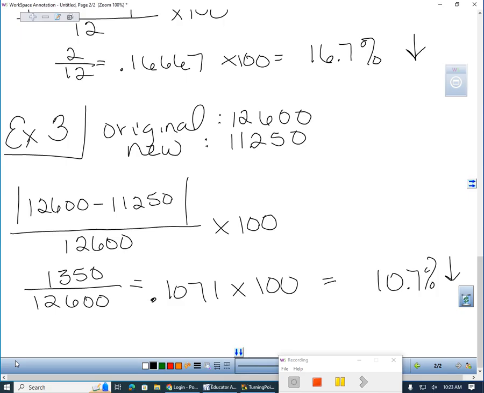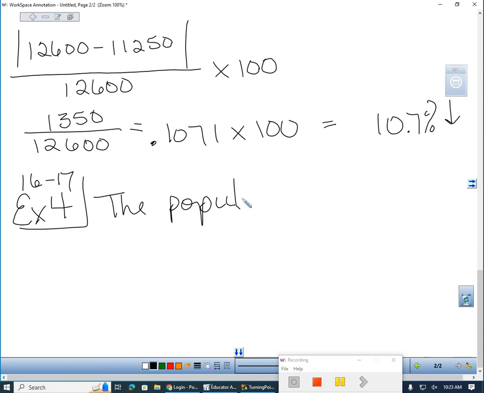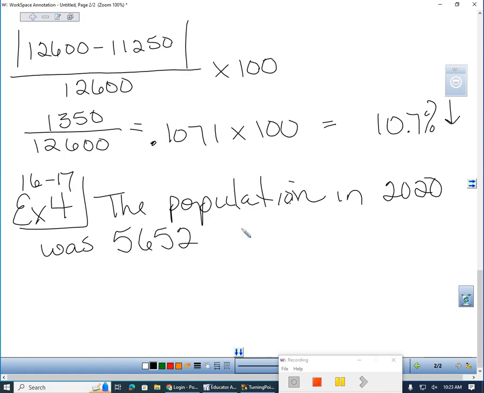Okay. Example number 4. Example number 4 is similar to 16 and 17. The population in 2020 was 5,652.